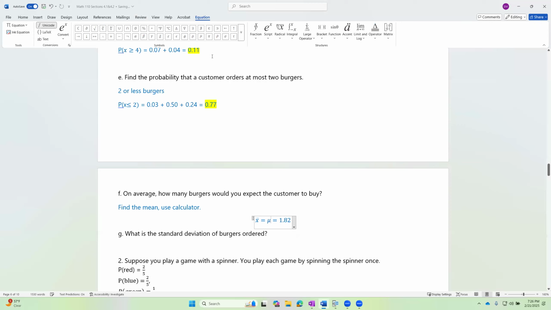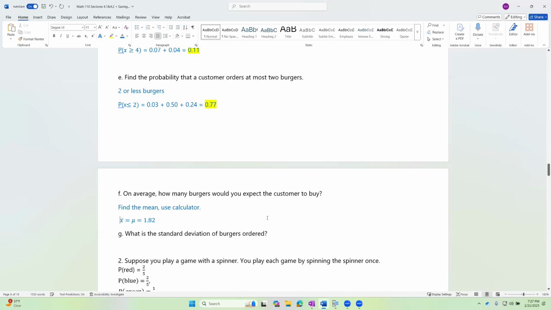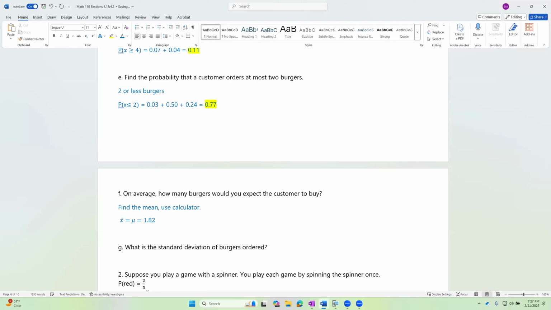All right, so that's our expected value. Let's go ahead and write a statement. I would expect a customer to order on average 1.82 burgers at a time.